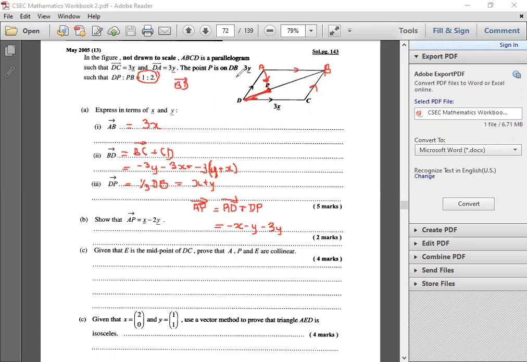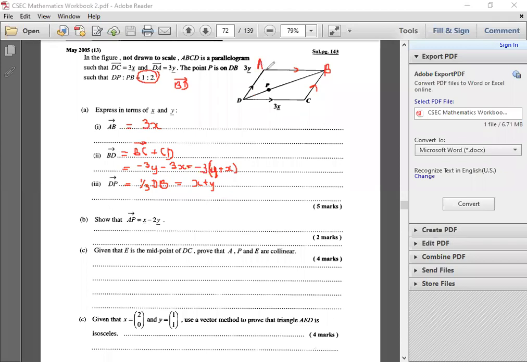The P, so the P here. Let me clear it for you. So the P there. Let me go over this.